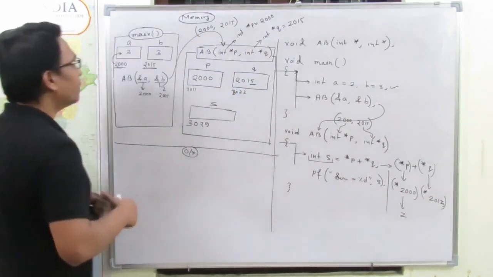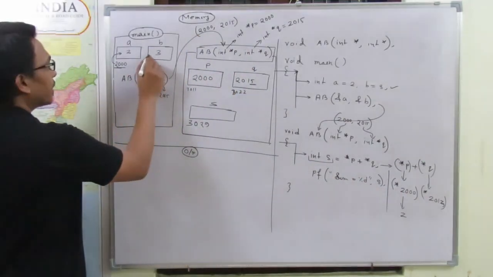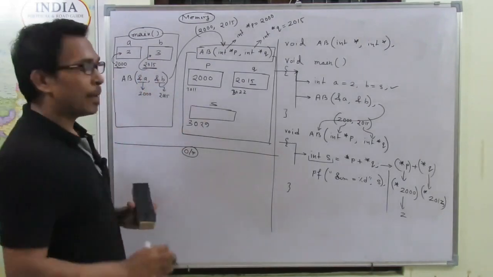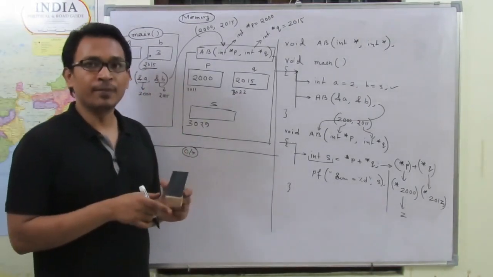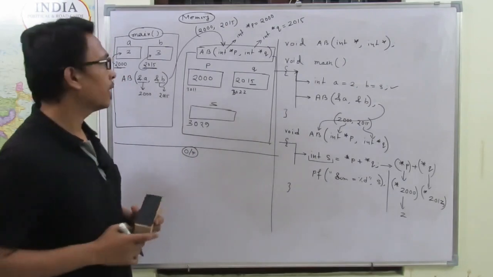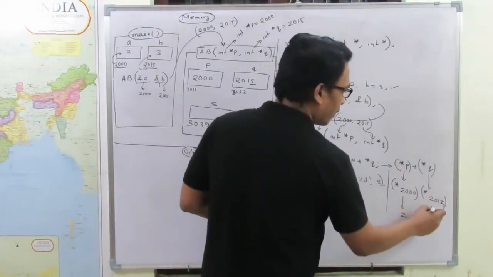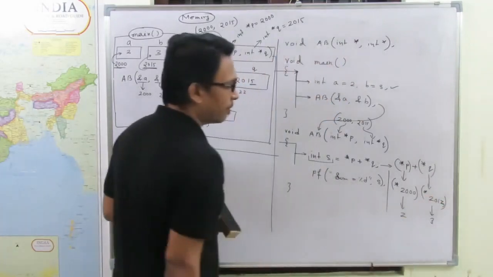Now control enters inside the memory block of b and reads the value of b, which is 3. That means *2015 gives us the value 3.